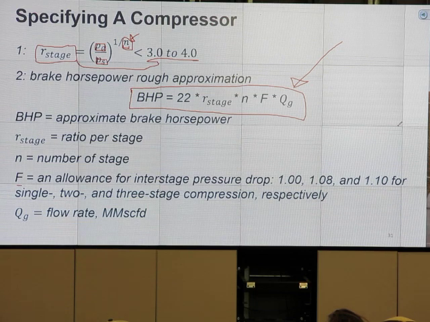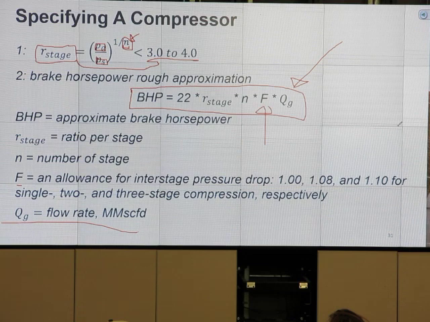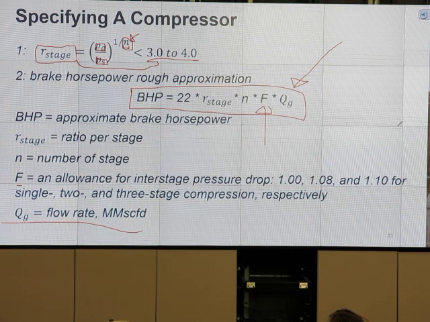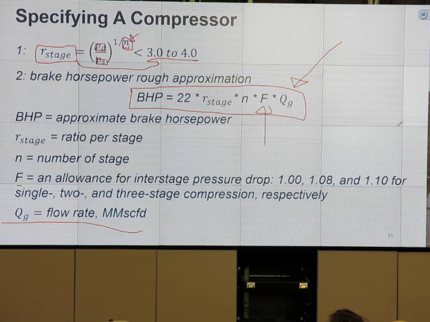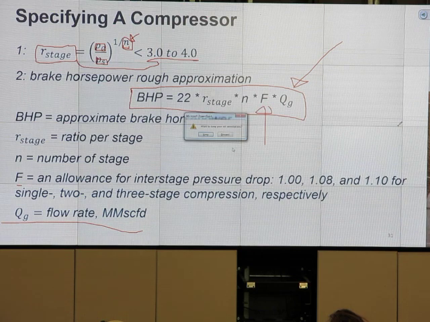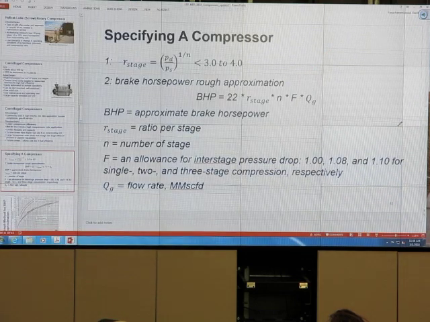So F is allowance, that is in this equation for brake horsepower. Q is the flow rate. This equation gives me the same thing as the equation given in the exam, but the one given in the exam requires more, if you recall. This one is just number of stages, compression ratio, flow rate.